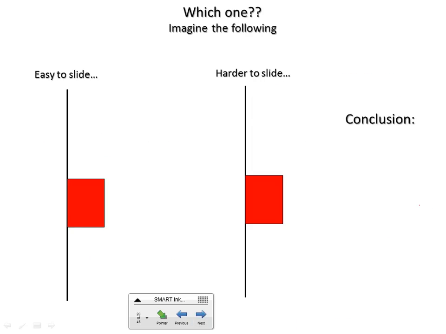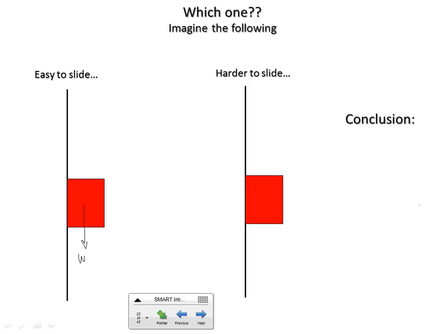So we'll imagine a case like this. You got a box and you're sliding the box up the wall. That old routine. So, this box, let's say here it is. Oops, sorry, wrong way. So the box weighs something, right?